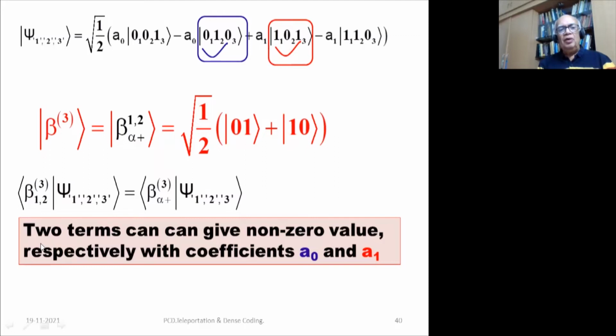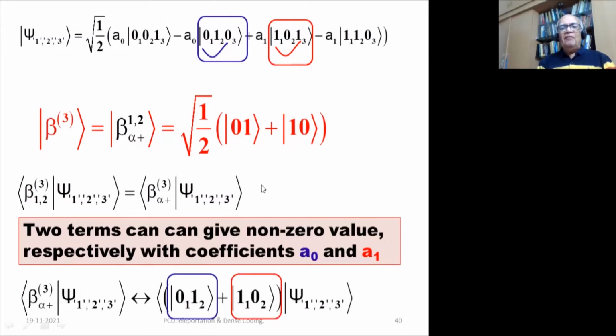So we have to keep track of these signs carefully and figure out what will be the contribution of this 3-qubit vector, which has got 4 terms, 2 of which will give you non-zero component in the Bell state number 3, in which Alice has entangled qubit 1 and qubit 2.